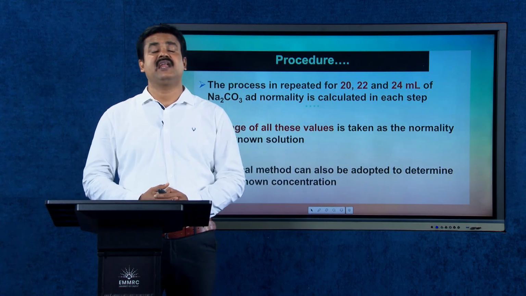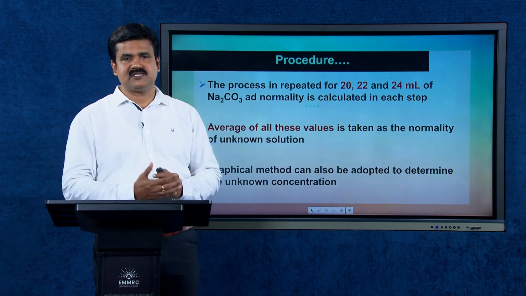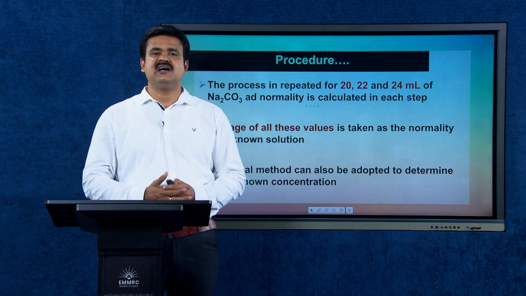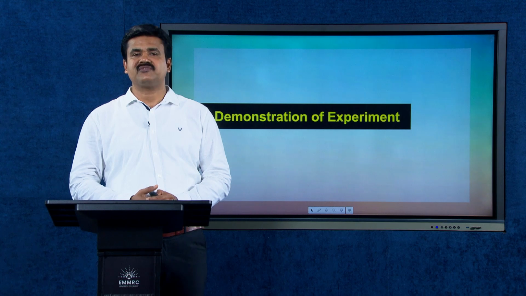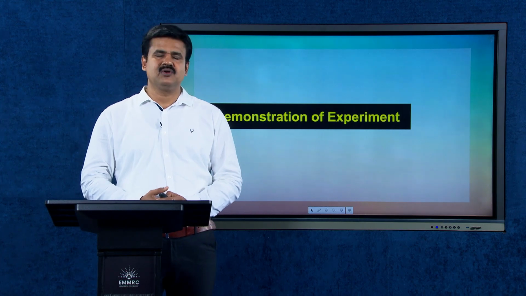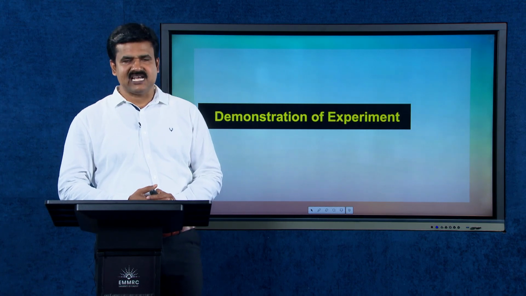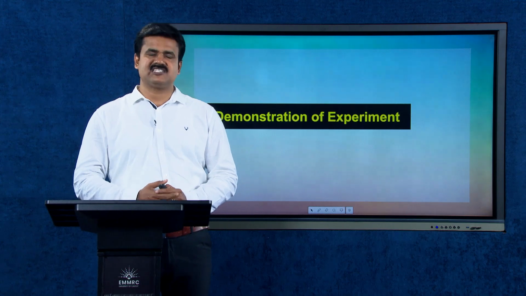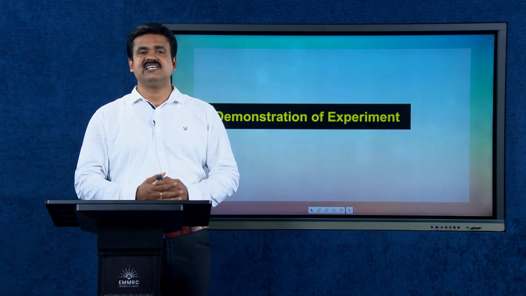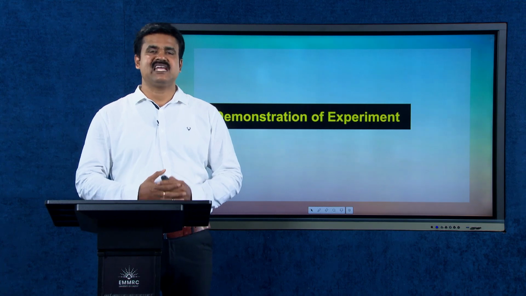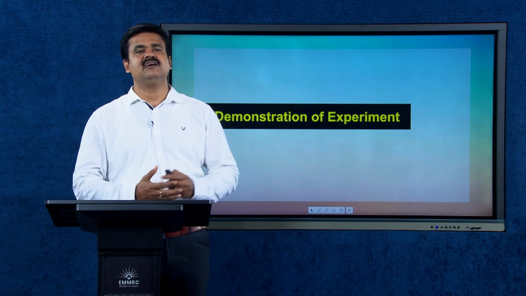The graphical method can also be adopted to determine the unknown concentration. Now, the demonstration of the present experiment. So, we learned about the theoretical aspects and the steps of the experiment, and now we can demonstrate the titration of HCl against sodium carbonate in the laboratory.